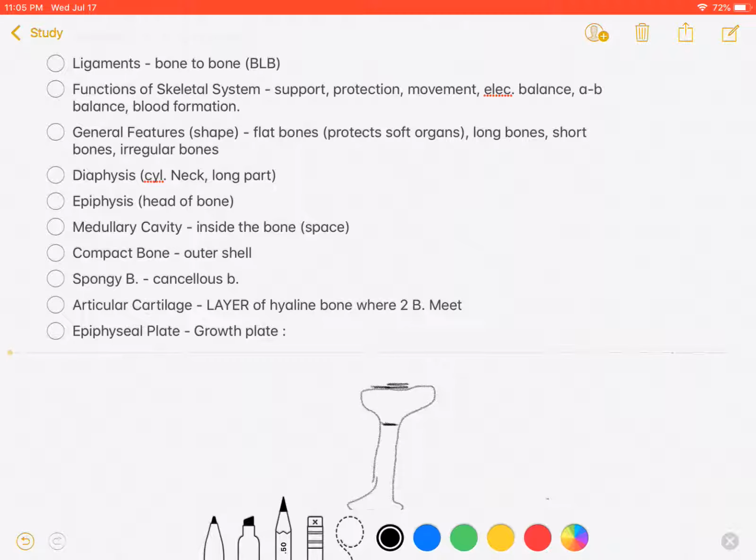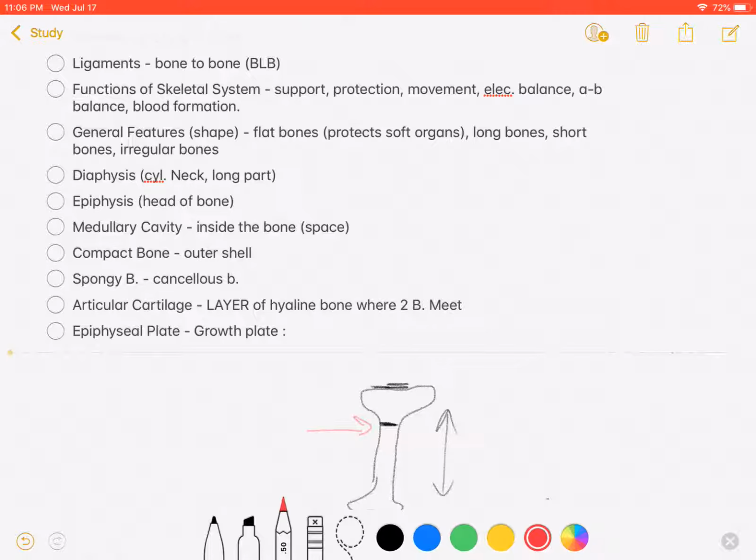This used to be two bones before the growth plate actually diminished, because this actually stops in adolescence, so the older you get, the longer your bones get, right? So your bones grow in length as you get older. But this plate that I'm pointing at, right here, gets smaller and smaller, and then it's finally gone.